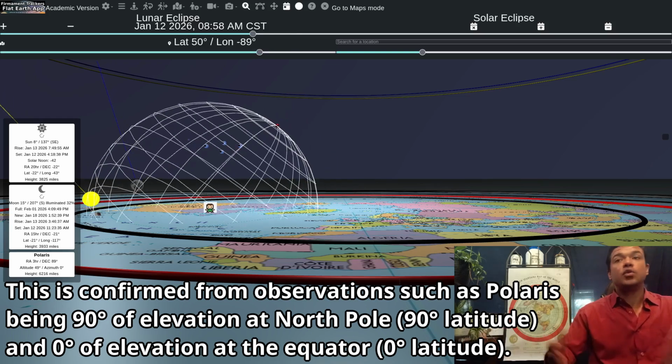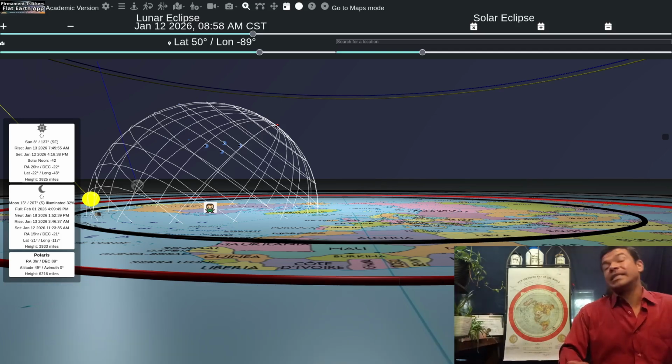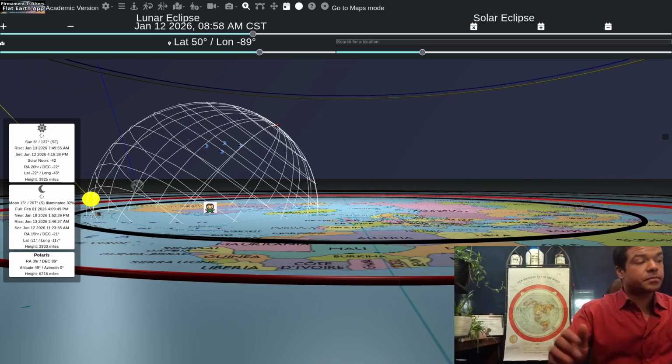So if you're in the United States with a latitude of 50 degrees, Polaris will be 50 degrees of elevation from your observer. And this one-to-one relationship holds true because the Earth is flat. You can determine where your latitude is by simply looking at Polaris.